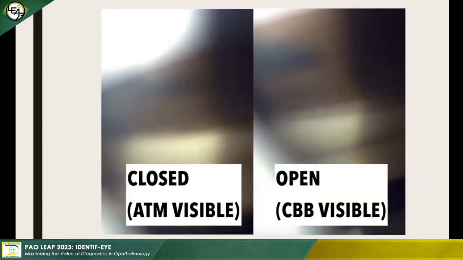So here's a photograph comparing the appearance of an angle before and after indentation gonioscopy. The photo on the left shows the angle is very narrow. It's technically closed, with only the ATM visible. But notice in the photo on the right, with indentation, you can see multiple layers now.